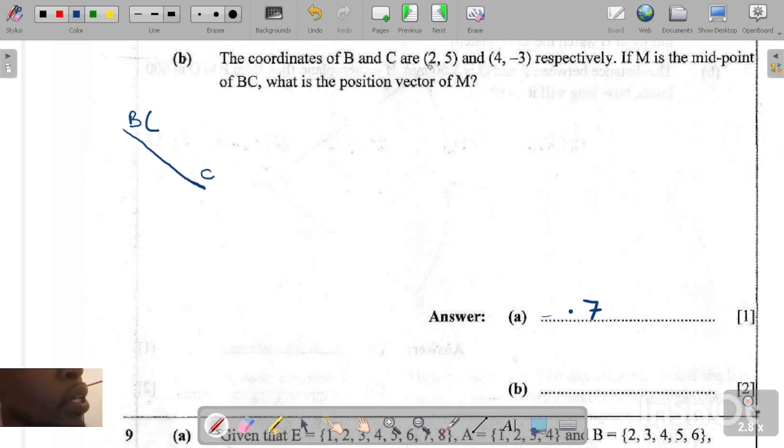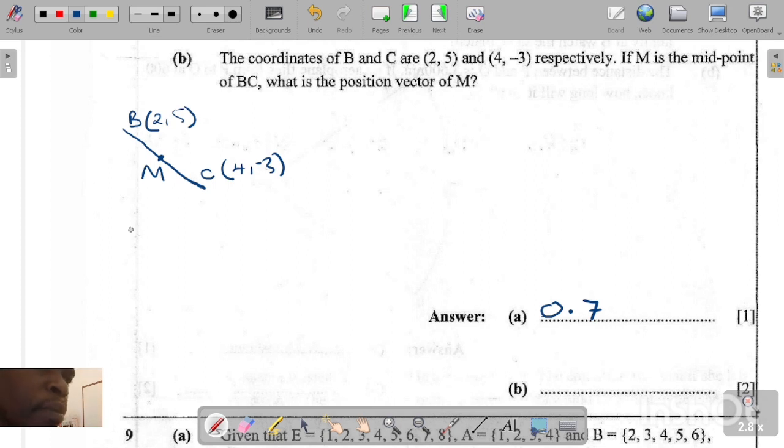So the coordinates of B we've been given 2, 5. Then the coordinates of C is 4, -3. So they want you to find M. They're saying M is the midpoint.